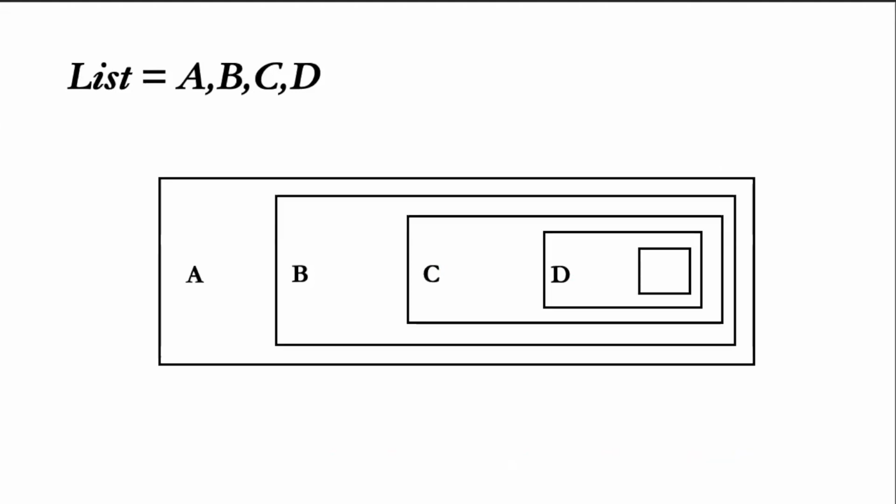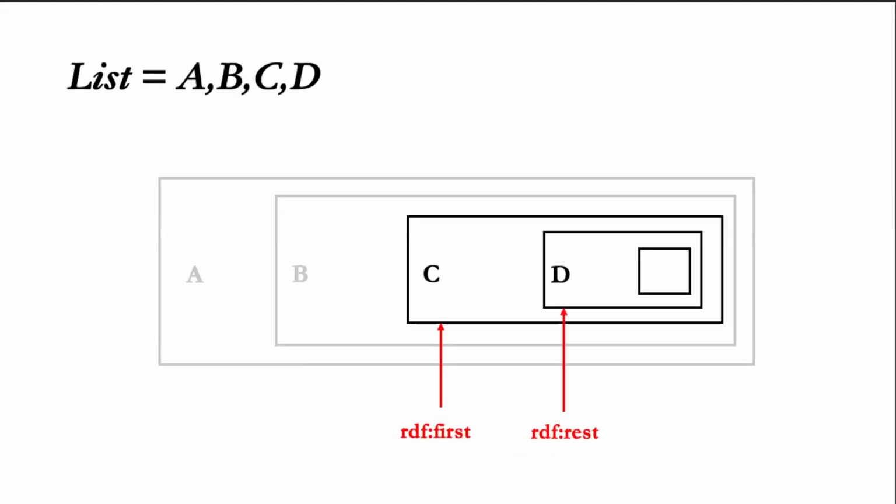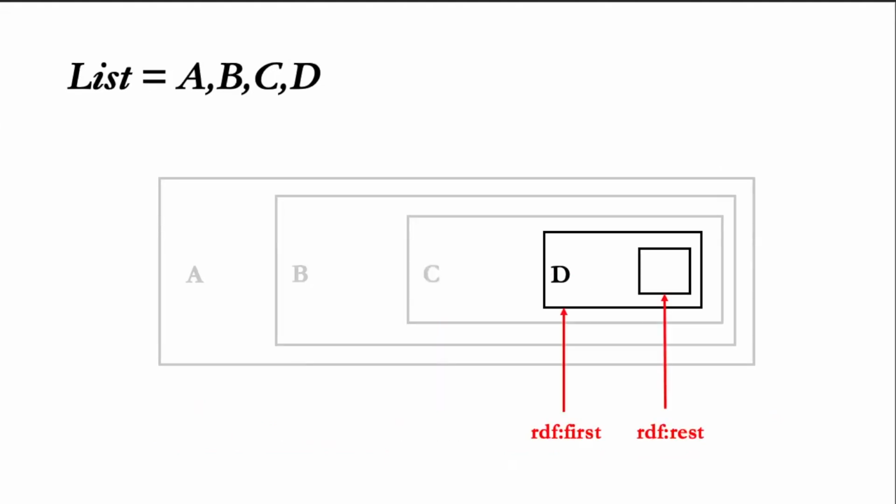So here's a list, A, B, C, D. How do you order this? Well, you have a first thing and then you have the rest. And then you have a first thing and a rest, and a first thing and then a rest, and the first thing and then the last thing, nothing. And that's basically how you get orderings out of these lists. And so they have representations for first, rest, and nil.